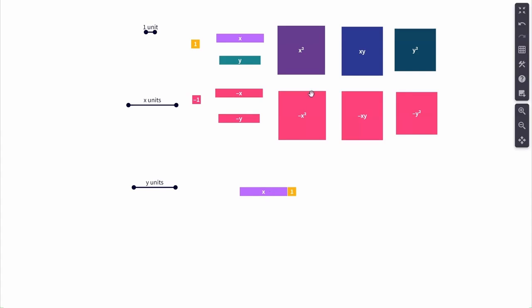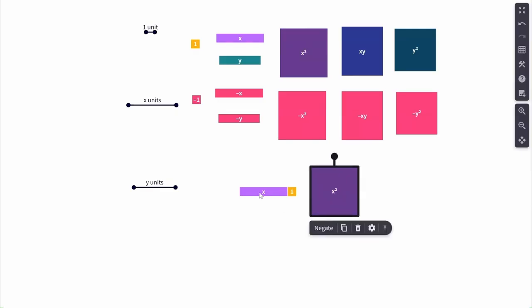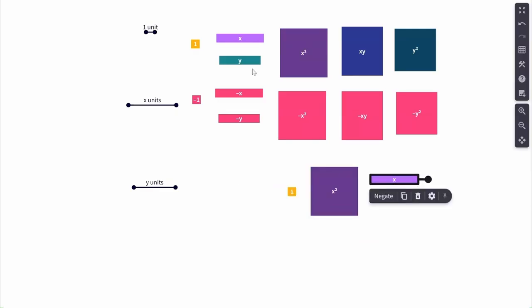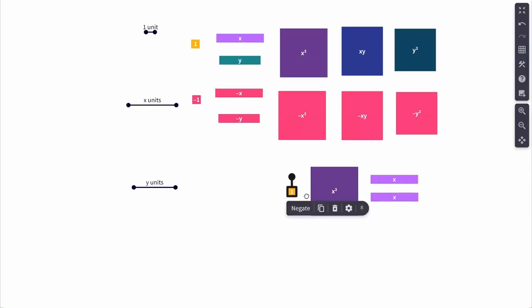But for right now, if we're just accumulating tiles, let's get an X squared in there. So if I have X squared and 2 of these X's plus 1, this is going to be X squared plus an X plus another X plus 1, or x squared plus 2x plus 1.